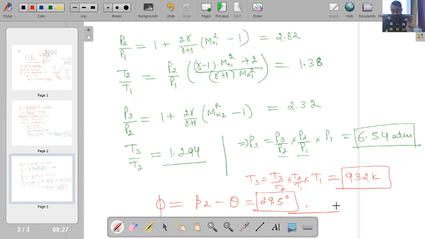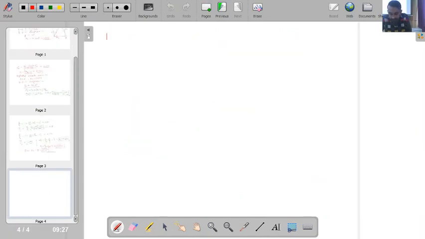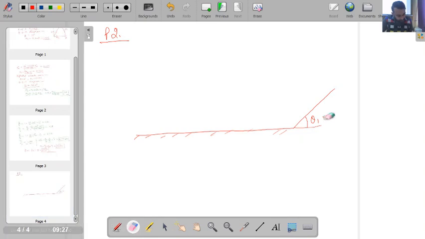Now let's talk about the second problem. In problem number 2, what we have is a compression corner at an angle of theta 1. Sorry, the angle is written as theta 1 over here, so let me write it theta 1 only.